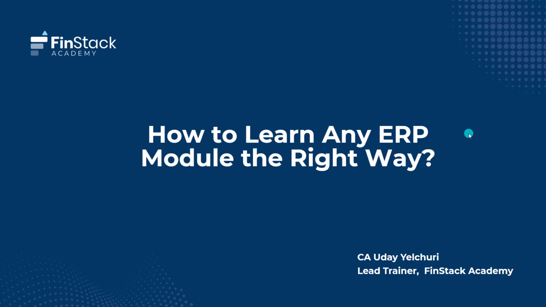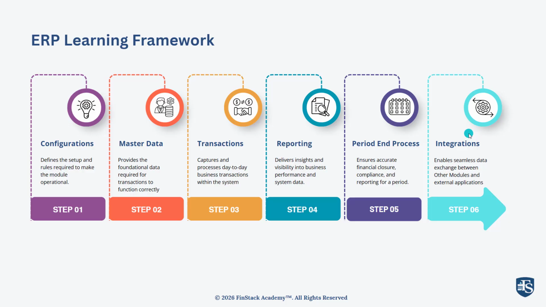Now, let's look at the 6 essential elements you should cover while learning any ERP module. Step 1. Configurations. Every ERP module begins with configurations. Configurations define the business rules that tell the ERP system how it should behave.